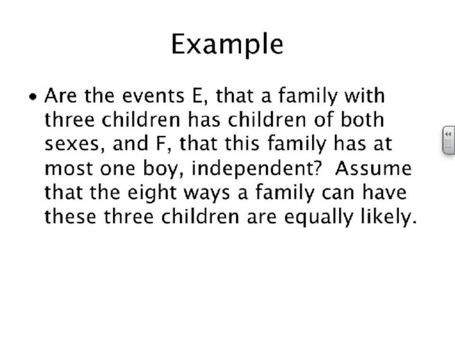Here is an example. Are the events E, that a family with 3 children has children of both sexes, and F, that this family has at most 1 boy, independent? Assume that the 8 ways a family can have these 3 children are equally likely.